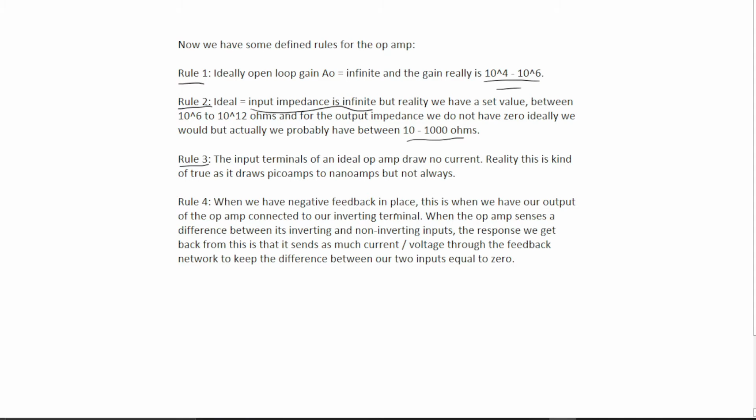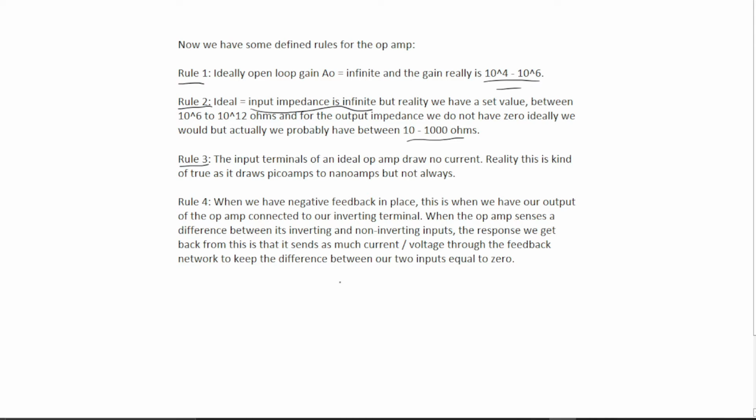When we have negative feedback in place, this is when we have the output of the op-amp connected to our inverting terminal. And when the op-amp senses a difference between its inverting and non-inverting inputs, the response is that it sends as much current or voltage through the feedback network to keep the difference between our two inputs equal to 0.